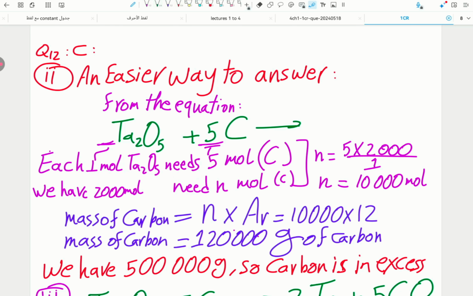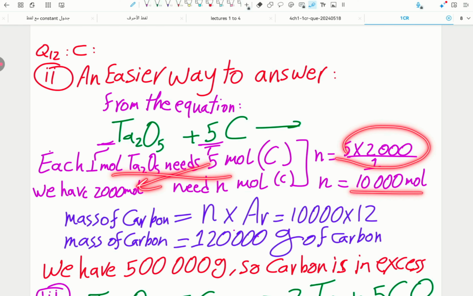Here practically we have 2,000 moles of tantalum oxide, so we need N mole of carbon. 1 mole needs 5, so 2,000 moles need 10,000 moles, of course. Or you can cross multiply them, as you see here, 10,000 moles.